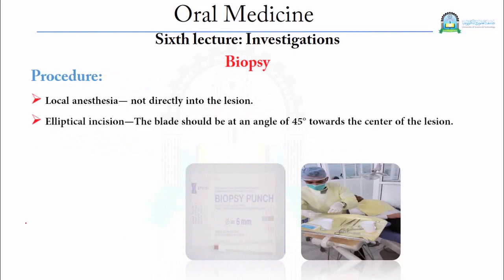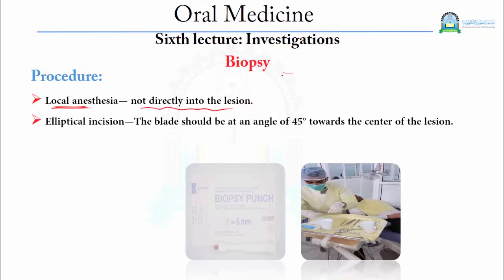The clinical procedure of biopsy starts with local anesthesia, so you have to anesthetize the surgical site, but not directly into the lesion, as it will disrupt the composition of the cellular tissue of the specimen and the histological reading will be difficult.